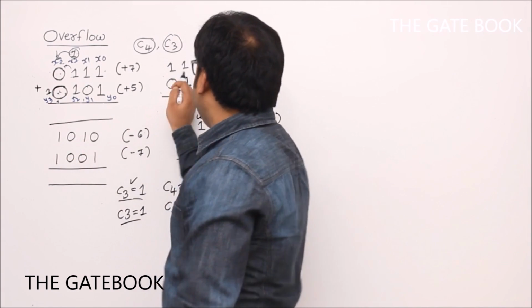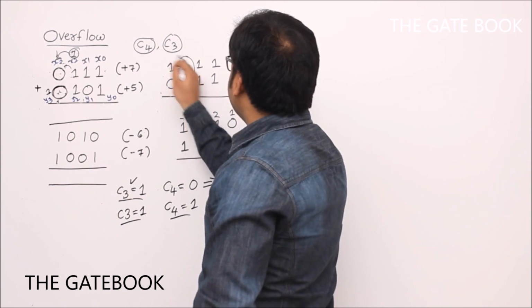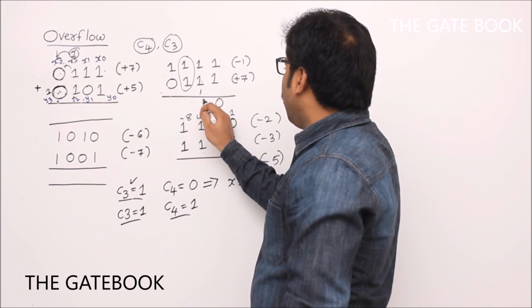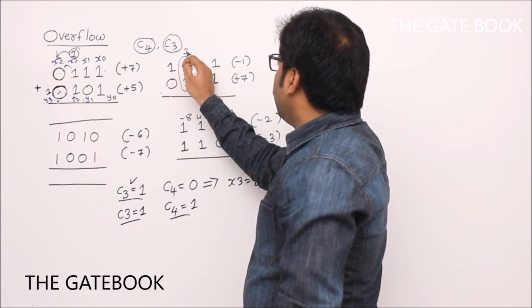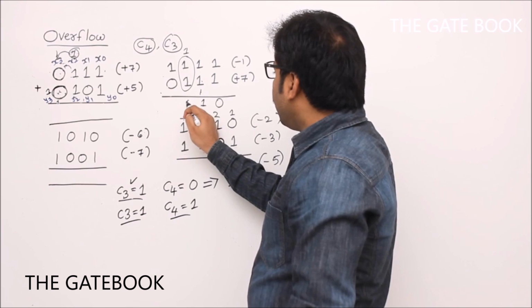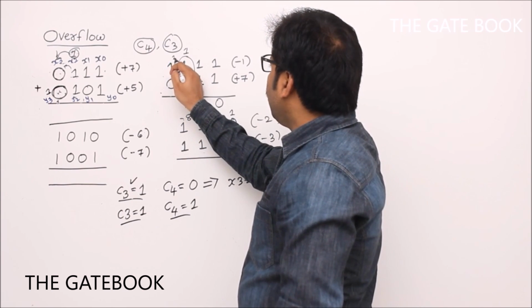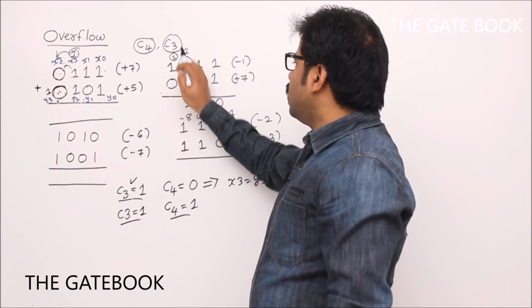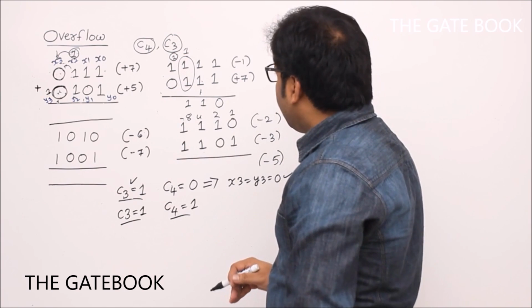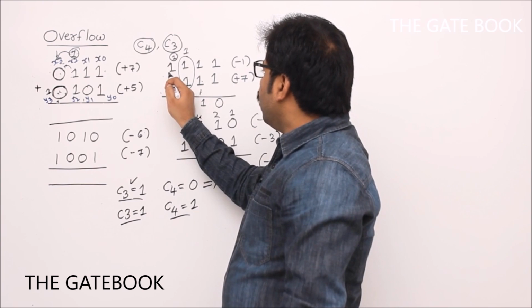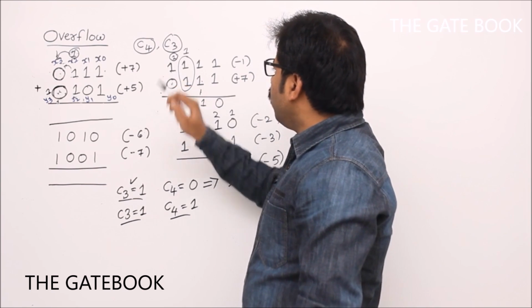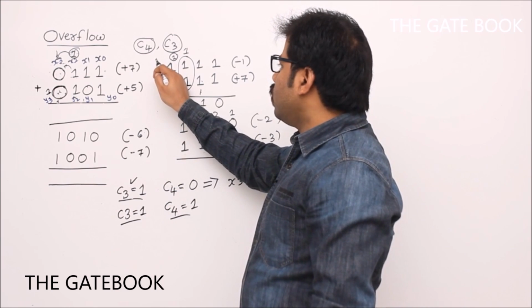Example here: 1 plus 1 is 0, 1 here, 1 plus 1 plus 1 is 1 here, and here 1, right? See, this is C3, so the carry is coming from this section. Then at that time, if these two bits are ones, or one of them is 1, what is going to happen? C4 is also 1.